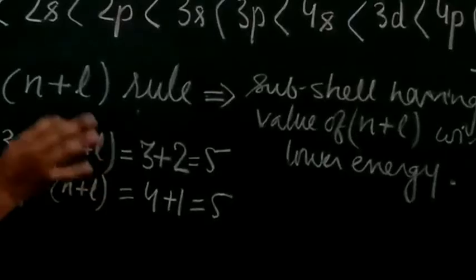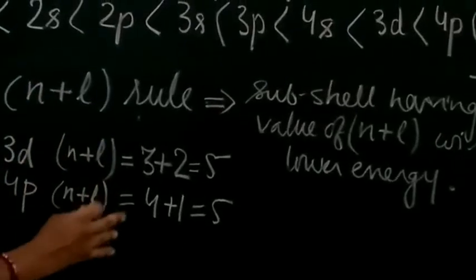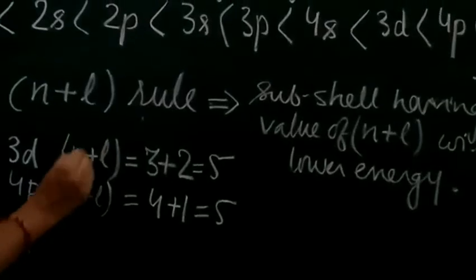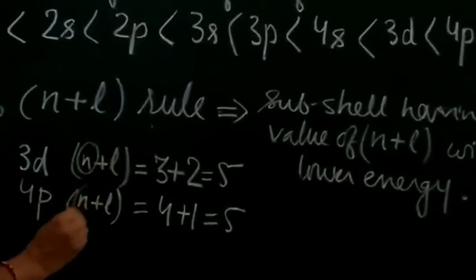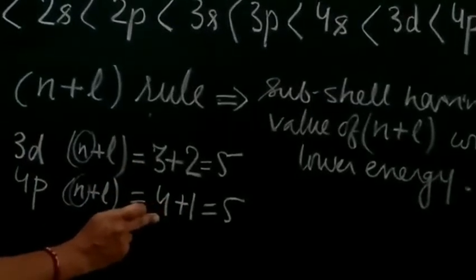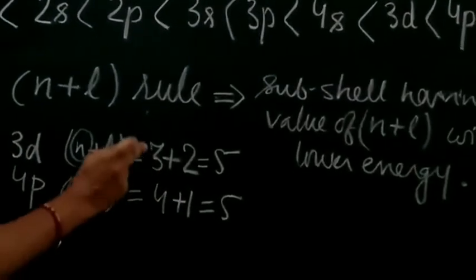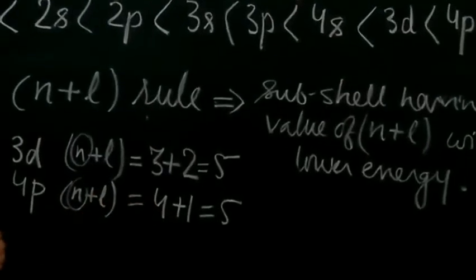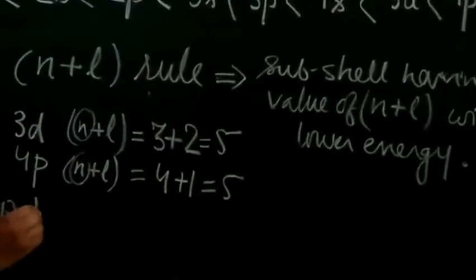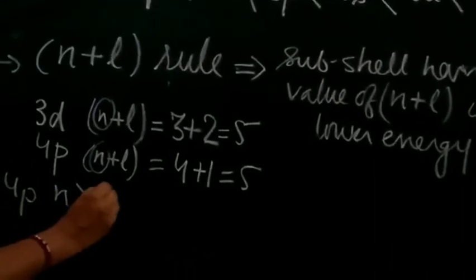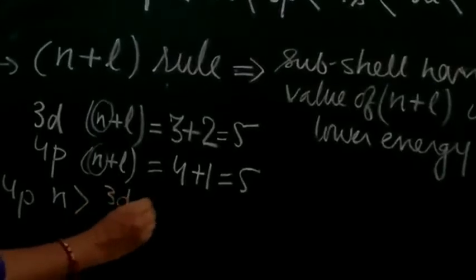For this case, we will check the value of N. Here N equals 3 and here N equals 4, right? So which subshell has got the higher value of principal quantum number? It's 4p. So 4p has got N value greater than the 3D.